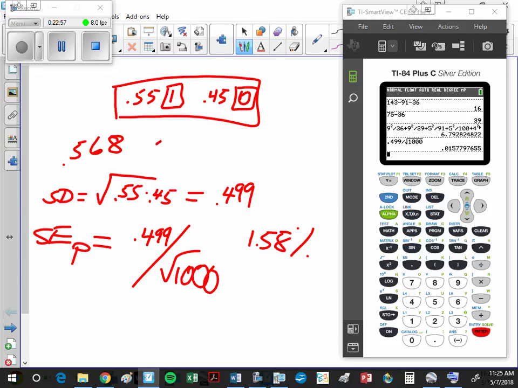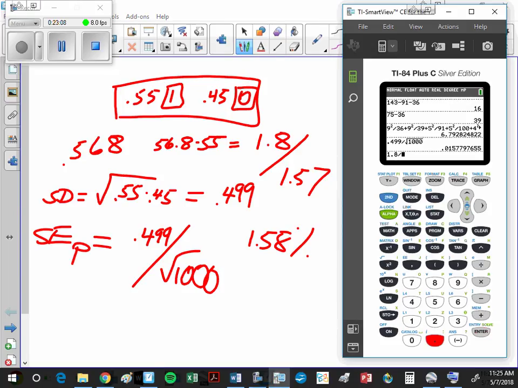Now what? So 56.8 minus 55 is 1.8. I divide that by 1.57, and I get a z-score of 1.14, which puts me above 5%.